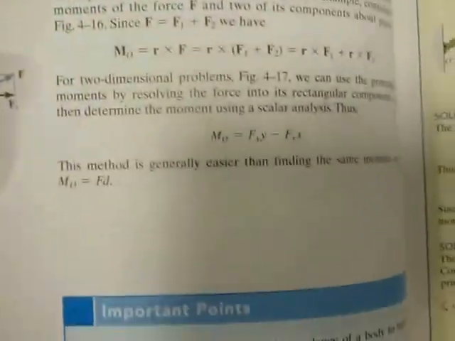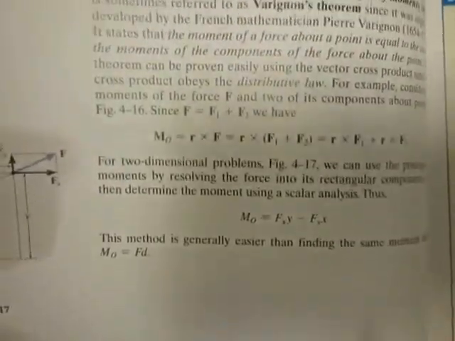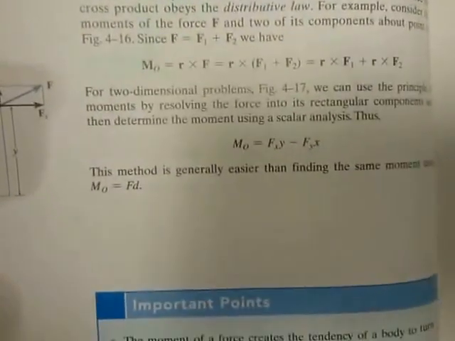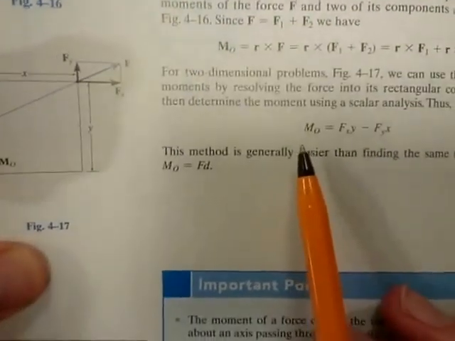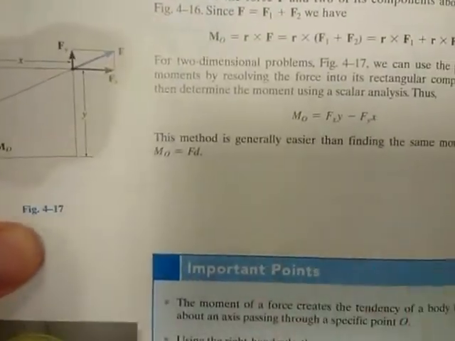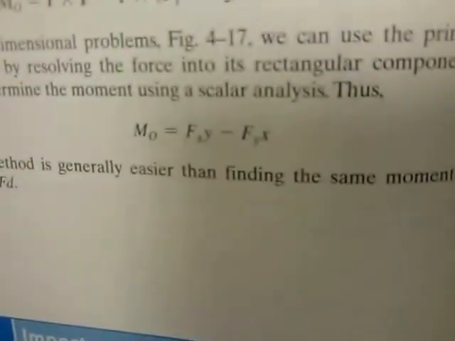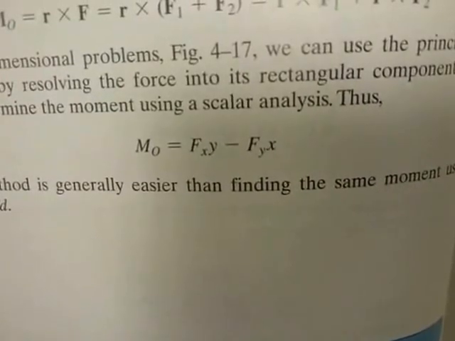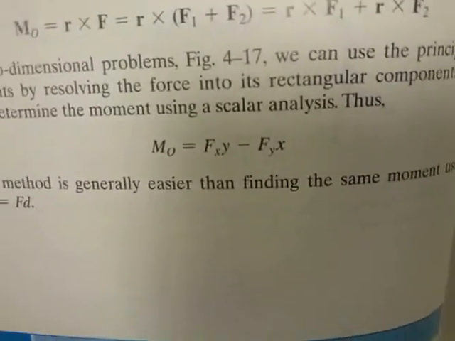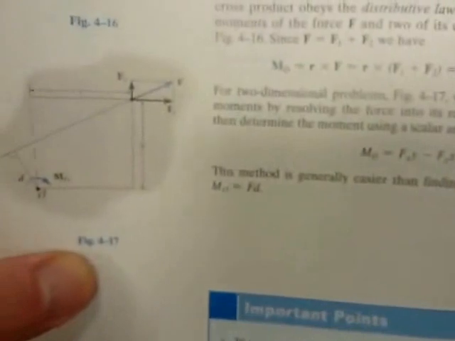Okay, and over here it says M_O, the resultant moment, is equal to, let's just bring this closer, Fx times y minus Fy times x. Now where does that come from?